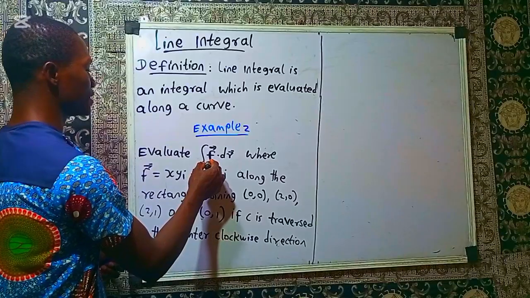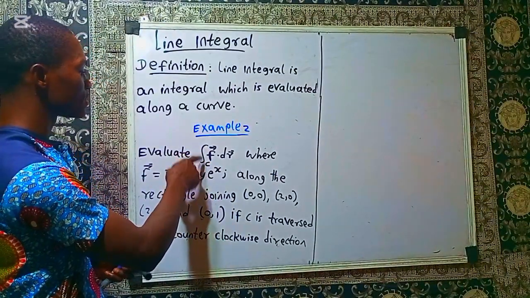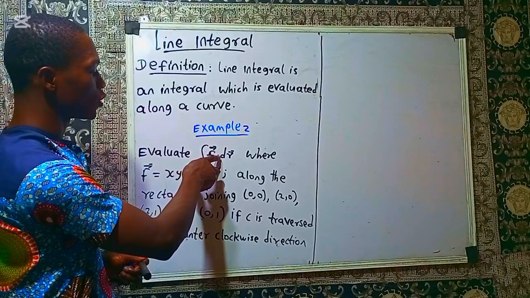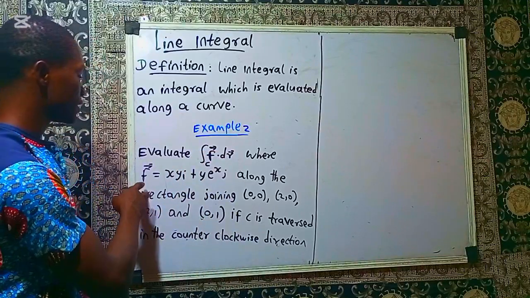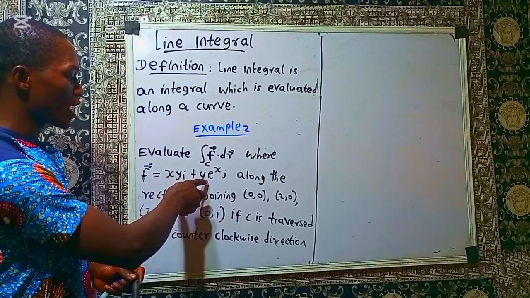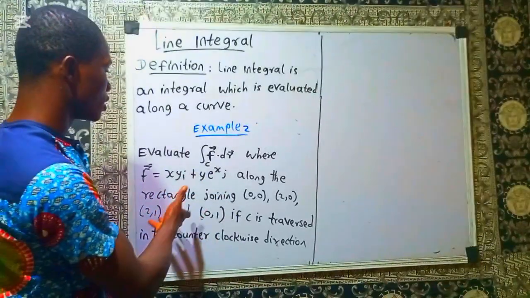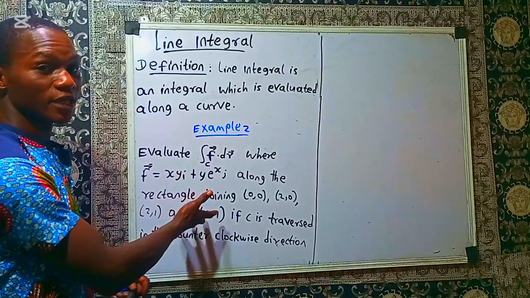We have to evaluate the integral over the curve c of F bar dot dr bar, where F bar is equal to xy i plus y e^x j, along the rectangle. So the curve c is a rectangle now.